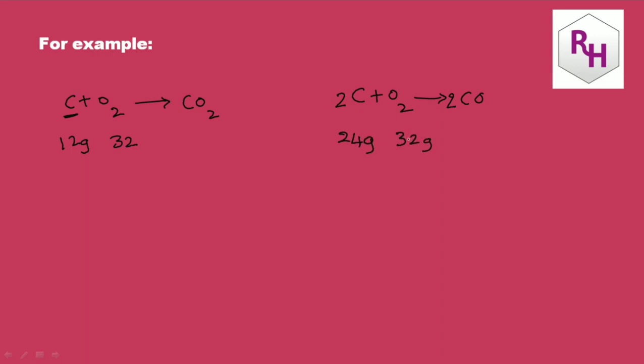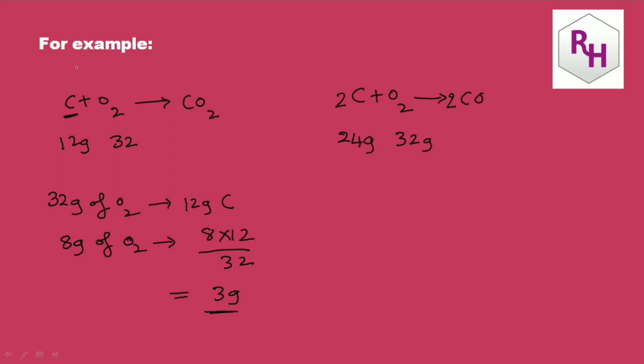Now the calculation goes like this. 32 gram of oxygen combines with 12 gram of carbon, so I want the number of parts by mass of carbon which combines with 8 gram of oxygen. So calculate 8 into 12 divided by 32. You will get the answer as 3 gram, which means the equivalent mass of carbon in this reaction is 3 grams.